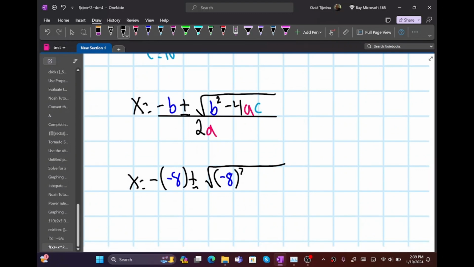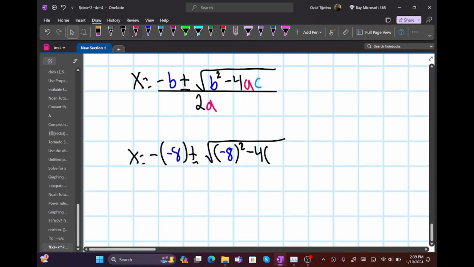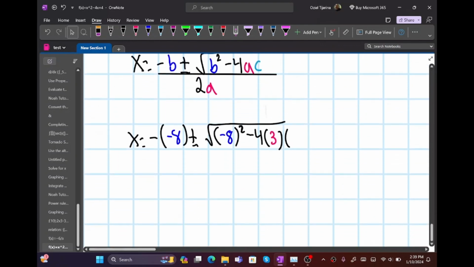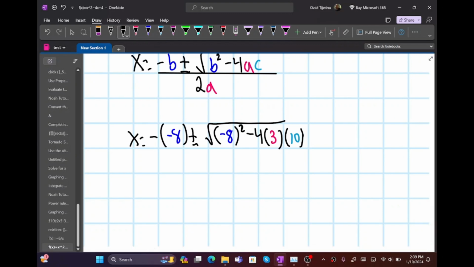So negative 8 quantity squared minus 4 times 3 times 10, and then all over 2 times 3. This is all inside the square root like this, and then 2 times 3. So we just put this in here.